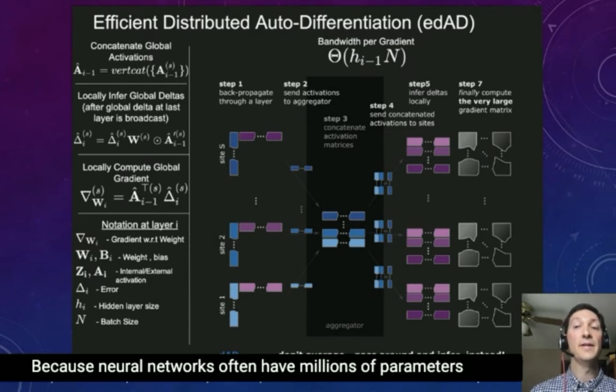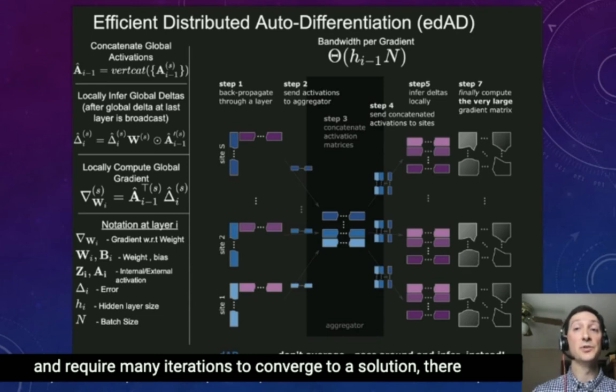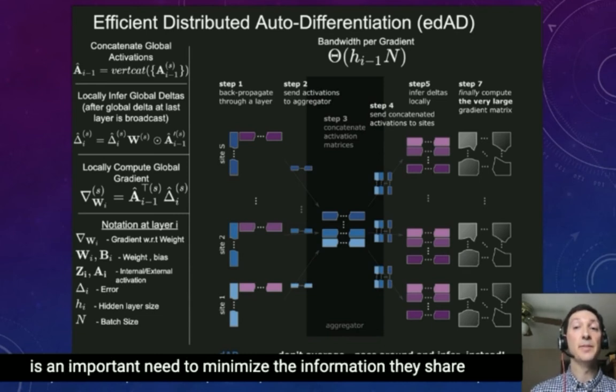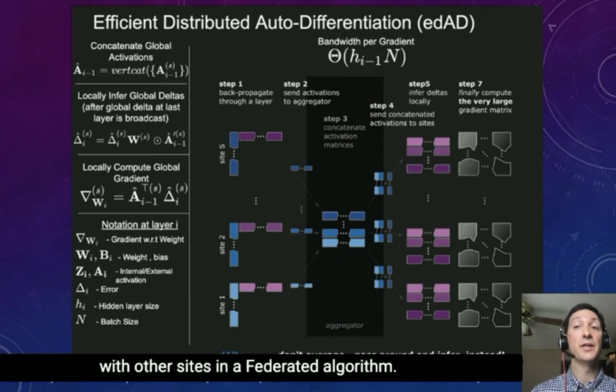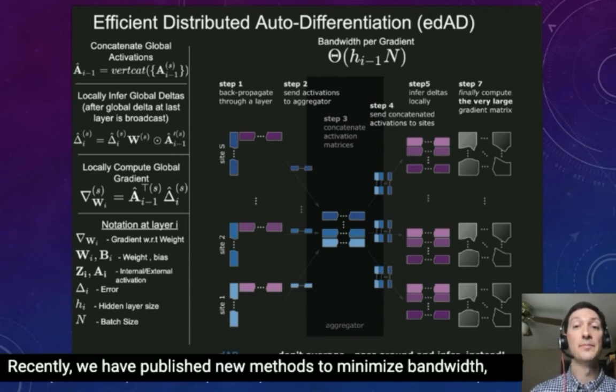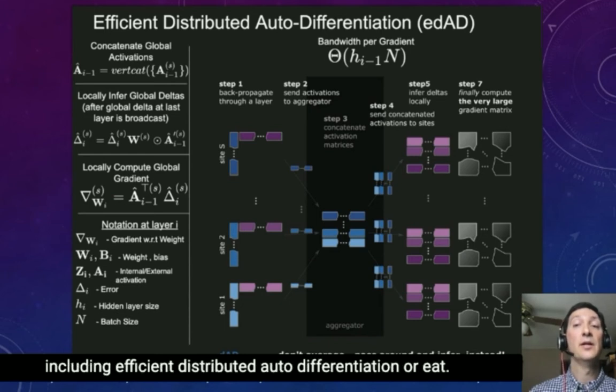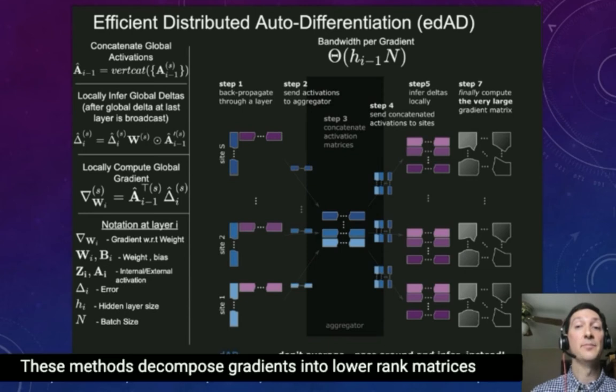Because neural networks often have millions of parameters and require many iterations to converge to a solution, there is an important need to minimize the information they share with other sites in a federated algorithm. Recently, we have published new methods to minimize bandwidth, including efficient distributed autodifferentiation, or EDAD.